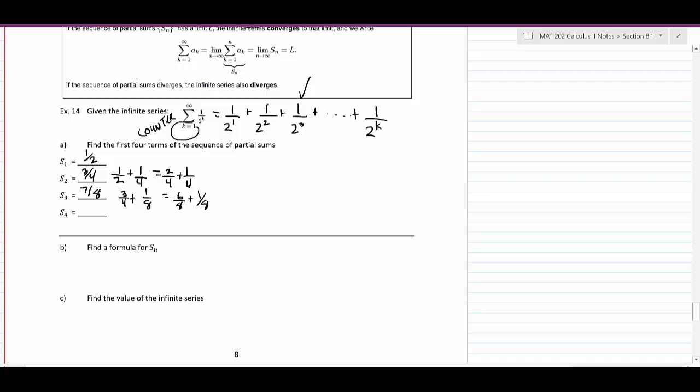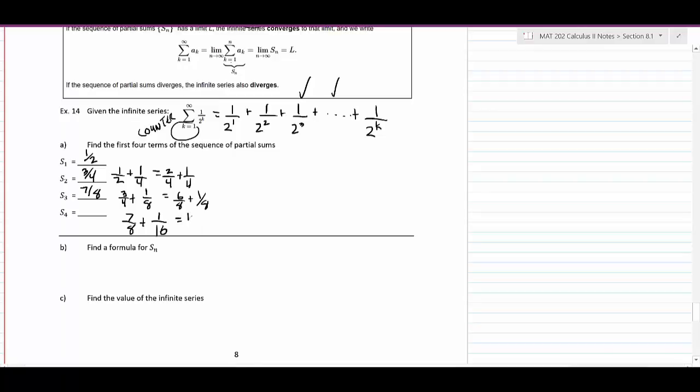Now I'm going to do it one more time, and then ultimately we're going to try to look for a pattern of that sequence. Now you would take 7/8 and add the next term, which would be 1 over 16, because it's 1 over 2 to the fourth. So that would give you, with a common denominator, 14 over 8. No, I keep making that same mistake. I know what I'm doing though.